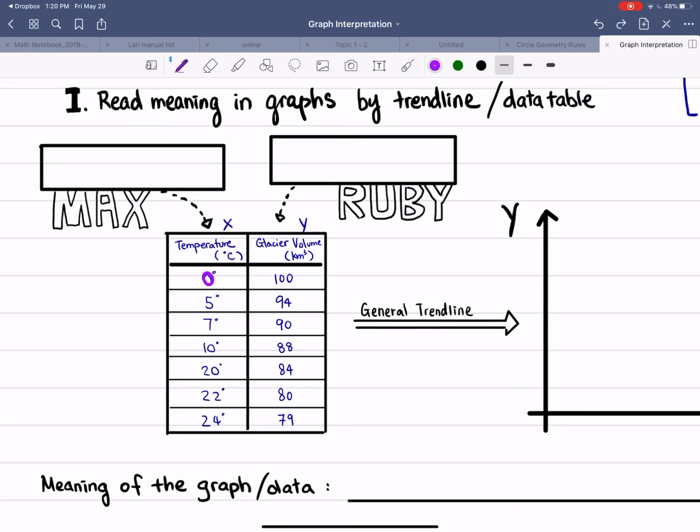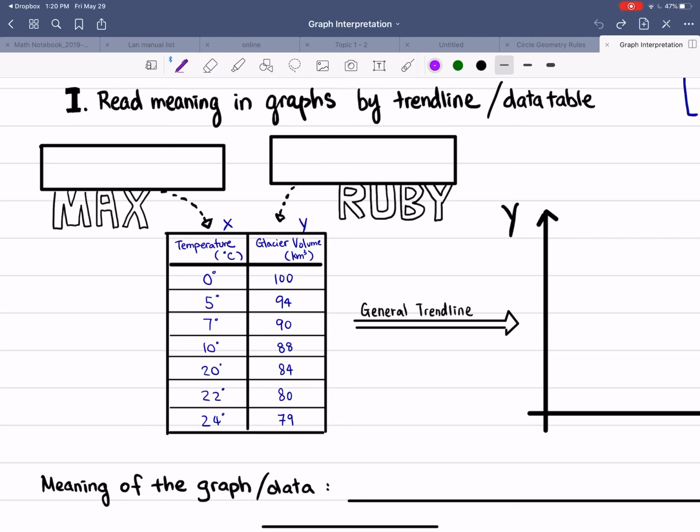Large piece of ice. And as the temperature increases until 24, the glacier volume actually decreases, which makes sense because as the temperature goes up, the glacier is melting, right?